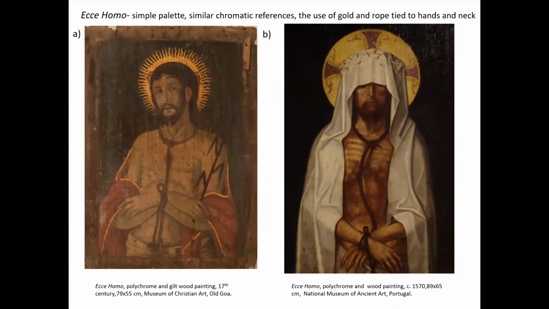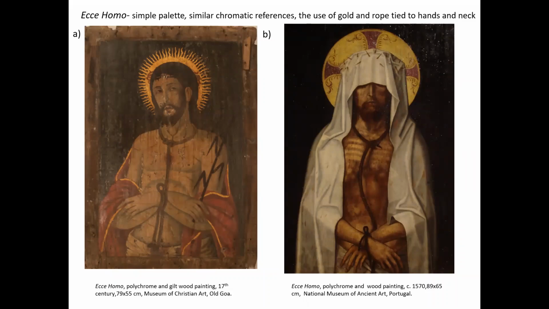It presents a traditionally European scene of life cycles and passion of Christ, but it has an Indo-Portuguese character, miscegenation. When we compare to Portuguese paintings under the same theme, we can see this Ecce Homo, for example, from the 16th century of Museu Nacional de Arte Antiga, and we can see some similarities in the hands.